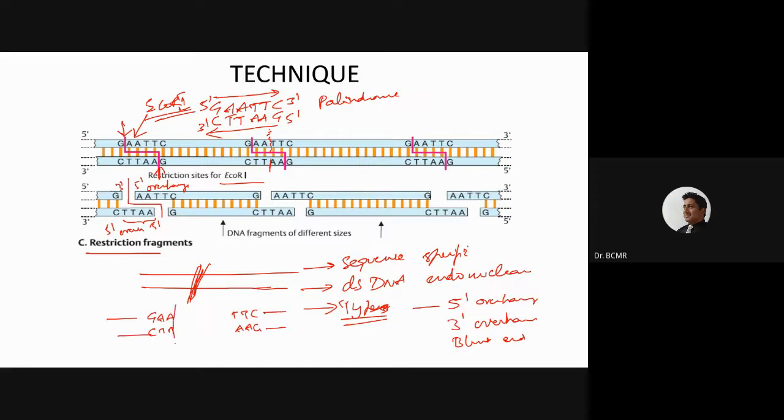There are no overhangs, so you would call them blunt ends. But please remember that EcoR1 always recognizes GAATTC and will always cut the same way as shown here. It will not cut any other way. So when I say different types of overhangs, it is specific to the enzyme.